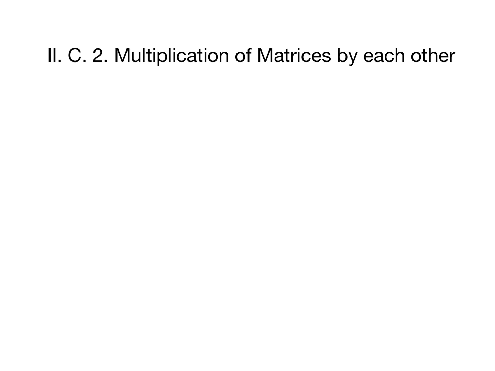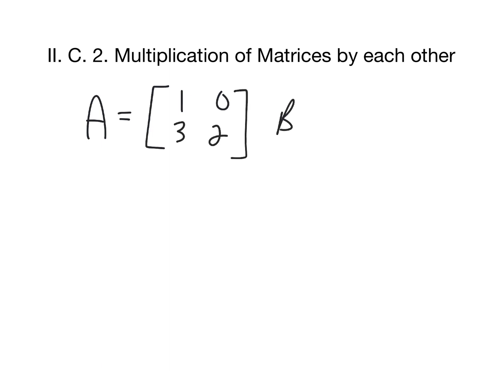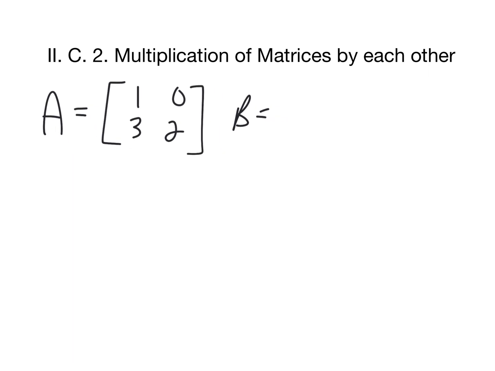The next thing is multiplication of matrices by each other. So just to go with something similar to an example that they have, let's say we had this matrix, and then we had this other matrix.